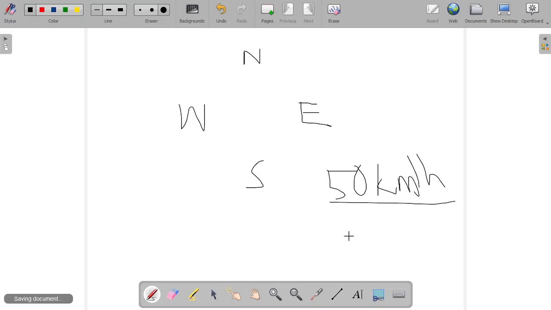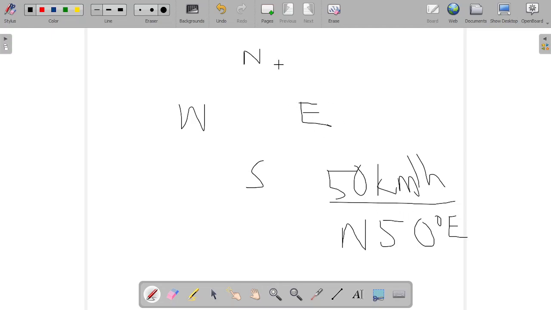Or we state that it travels 50 degrees east of north. There it is. This is how 50 degrees east of north is written.